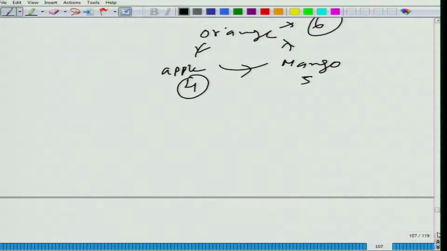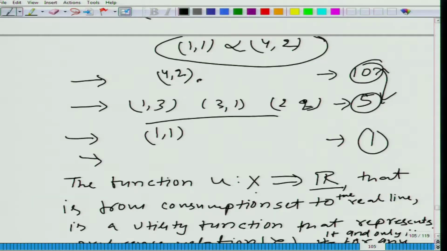Fine? Now let's look at it one more. Let's go back to the discrete example that I gave you, where we had ranked and we said 10, 5 and 1. If I say it is 100, it is 6 and it is 2, we are still using these numbers and these numbers.